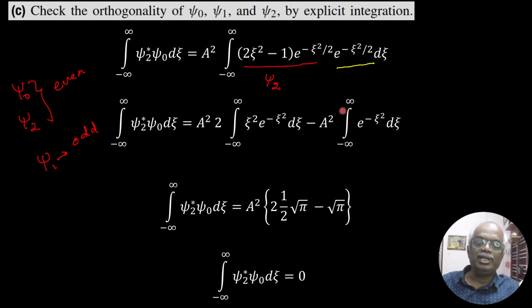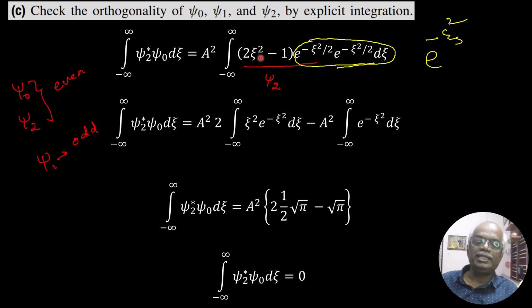First, before that, I would like to explain this. If you multiply these two exponential terms, you will get e power minus z squared, simply z squared, because here it is over 2, here also over 2.